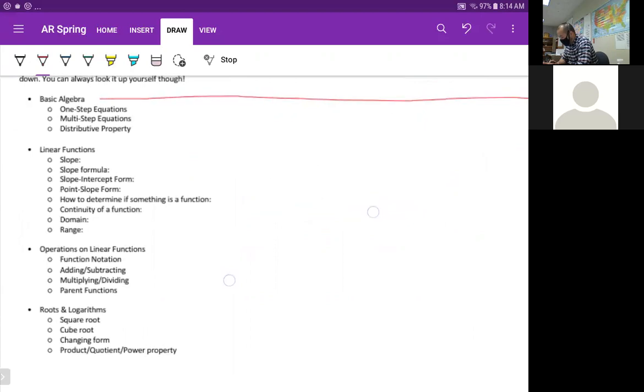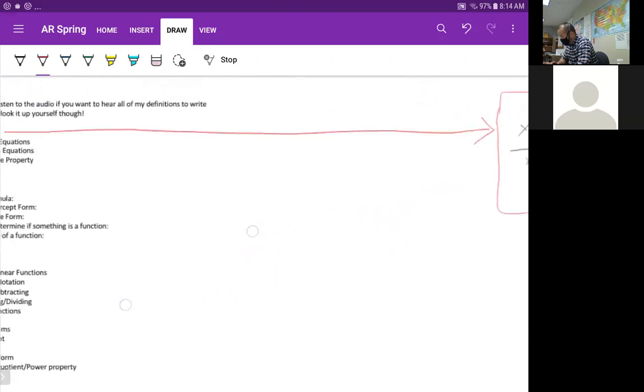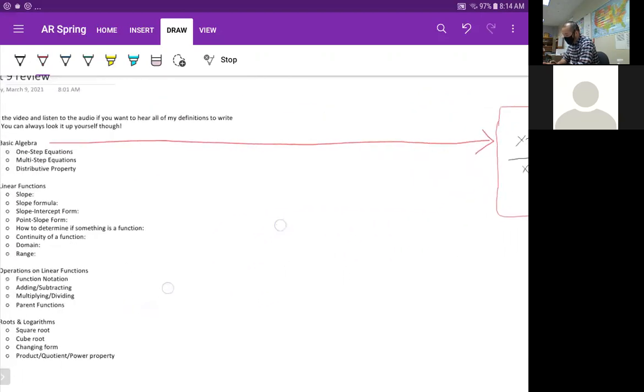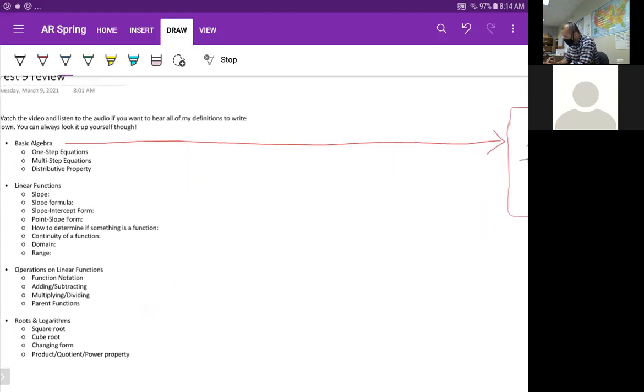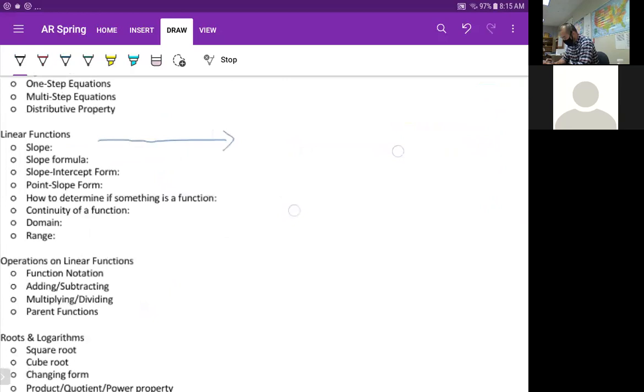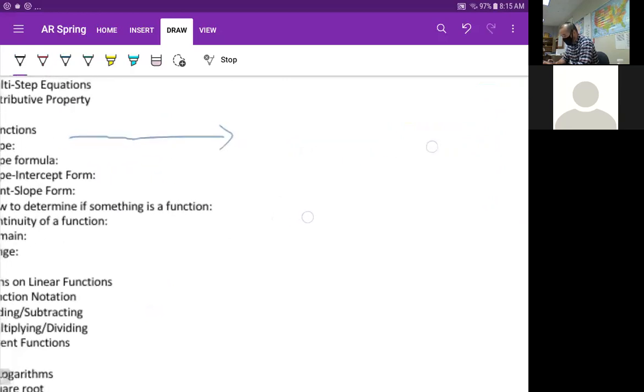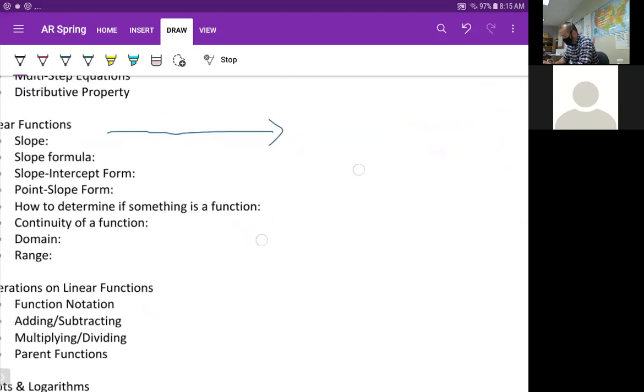Unit 2 is linear functions. So there's some things you need to know. Okay, so there's some formulas. Slope. Slope is the rate of change. That's important to know.